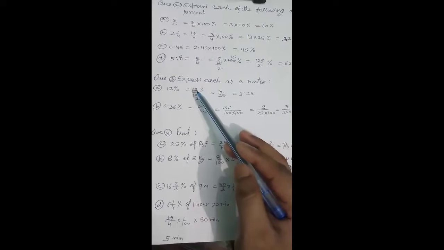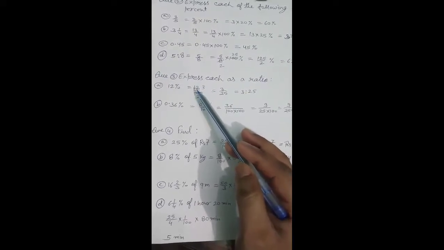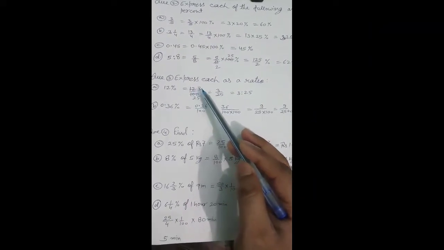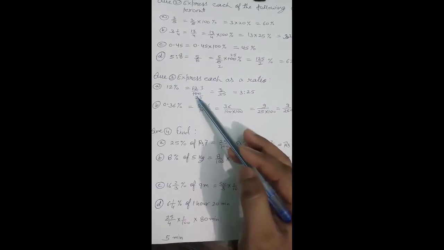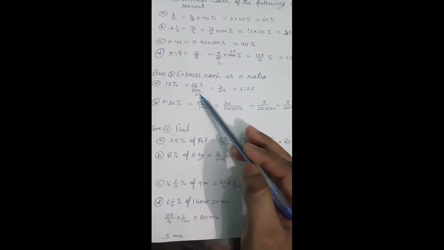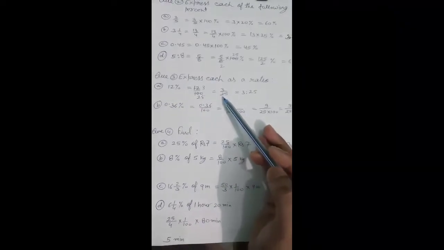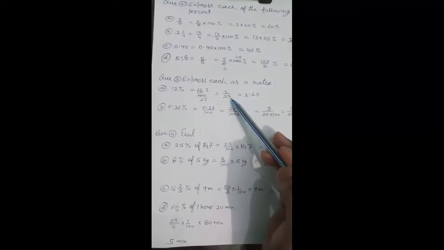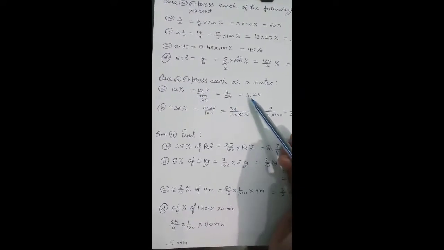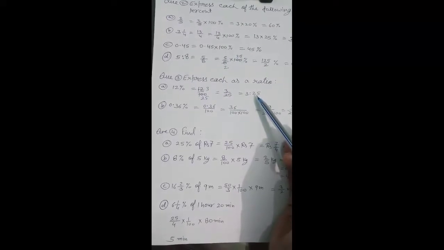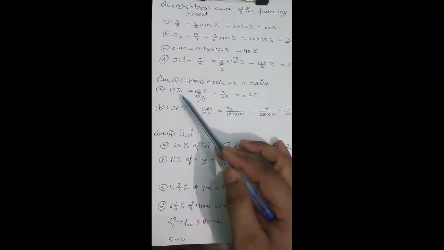Now we can see that both the numbers are divisible by 4. 4 dividing 12 by 3 times, 4 dividing 100 by 25 times. So you will get 3 upon 25. And when 3 upon 25 is converted into ratio, we can write 3:25. That means 12% is equal to 3:25. See next question.